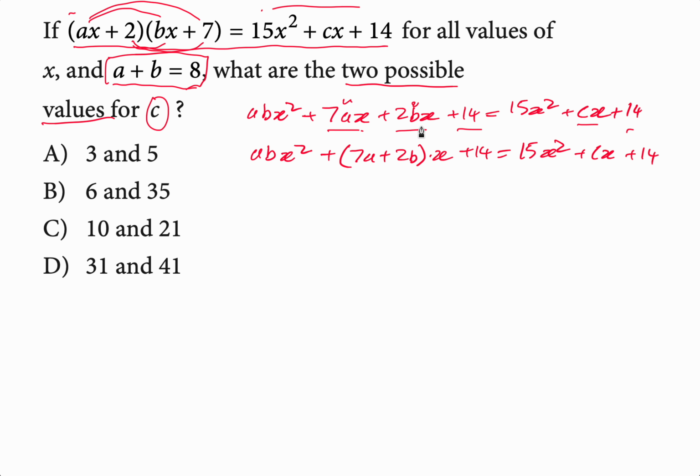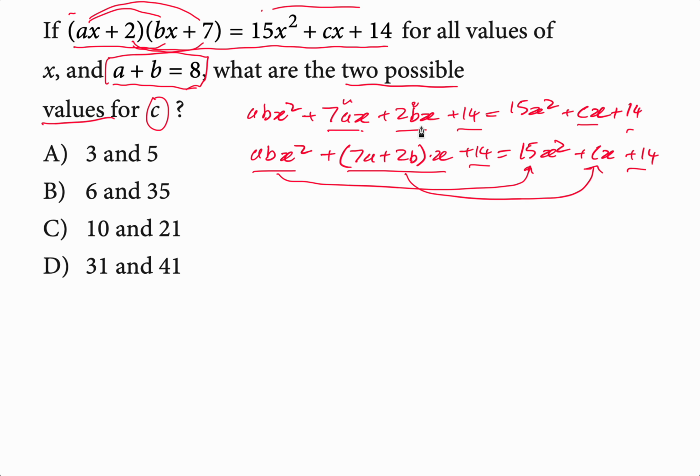So right here we see that this ab is the same thing as 15. These two go together, this whole thing goes with cx, and then 14 and 14.